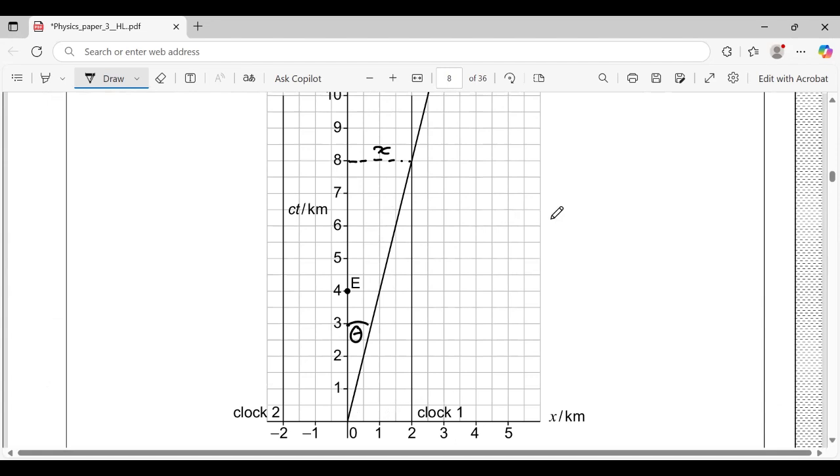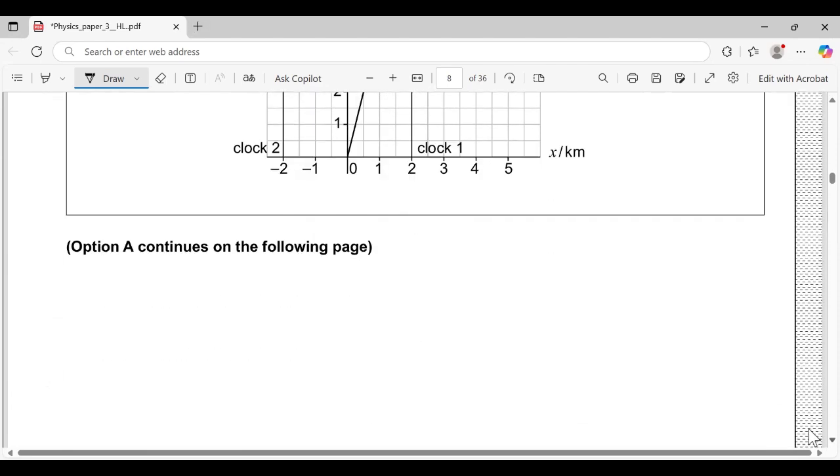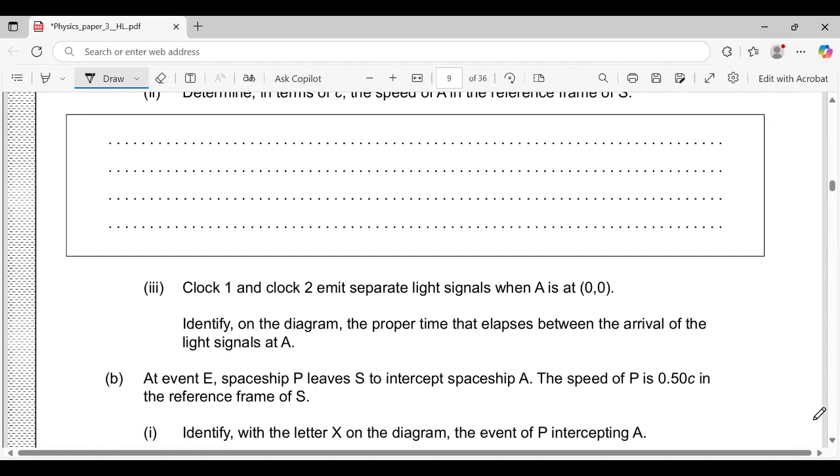So it means the tangent theta, based on the diagram I just showed you, tangent theta equals 2 over 8. It is 1/4. Also, tangent theta we can state as x over ct, x-axis over ct axis.